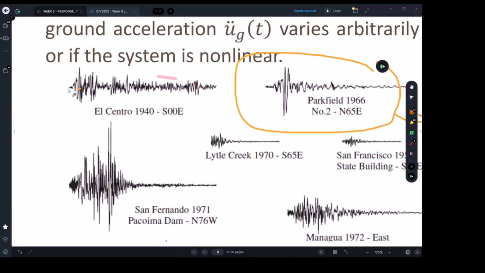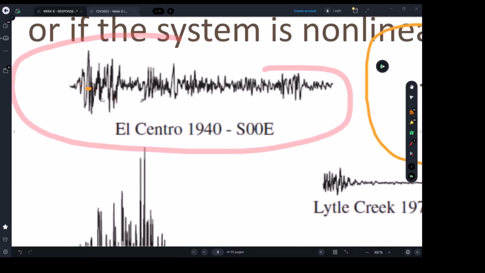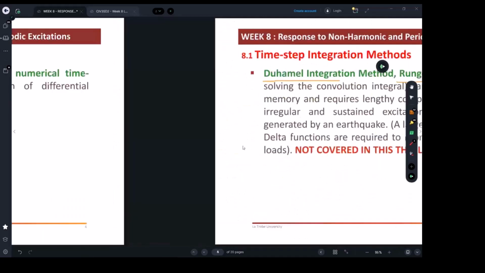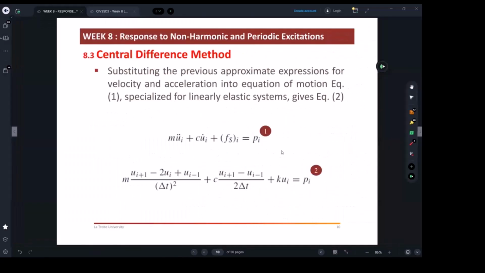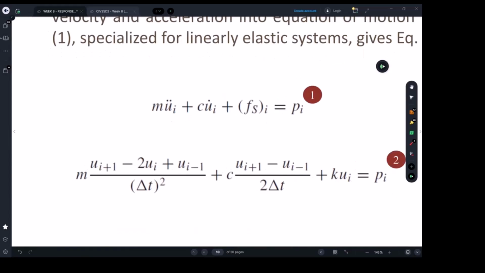So P is the value. PI means at the first time step, P2 at the second time step, P3 at the third time step, and that will be given to you typically, all right? So that was the PI. Sorry, I have a problem with zooming. So U is the displacement of the single degree of freedom system, or the structure we are studying.